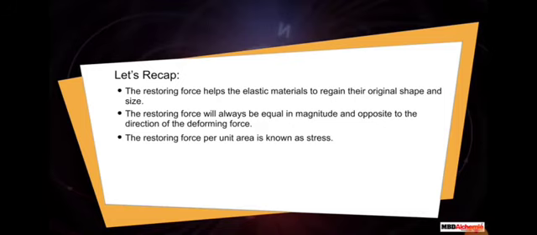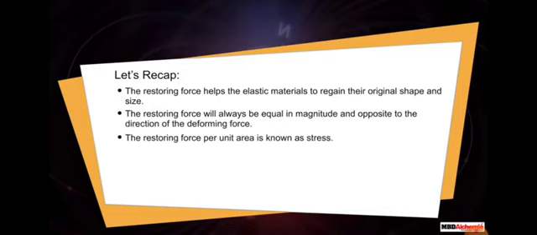The next point is that the restoring force will always be equal in magnitude and opposite to the direction of the deforming force. Whatever external force is applied, and when you remove that, it will always be equal in magnitude, meaning the maximum amount of force you have applied, and opposite to the direction of the deforming force.